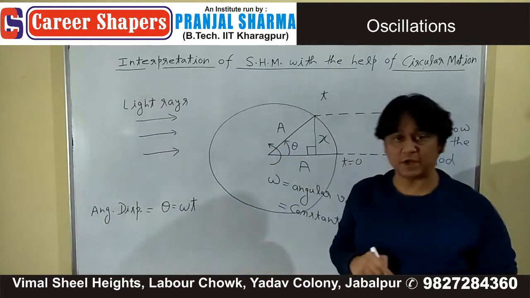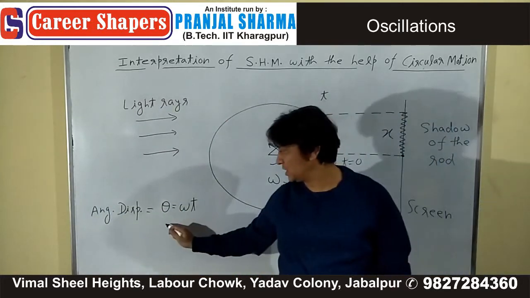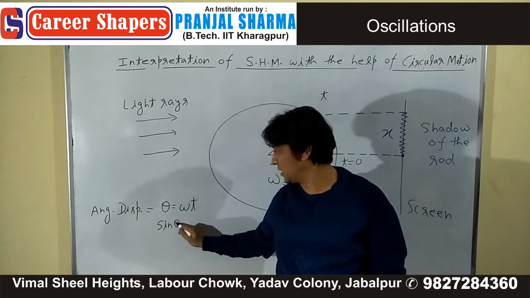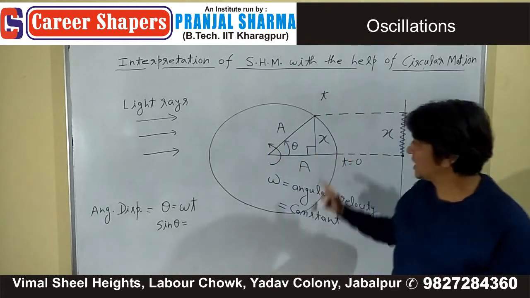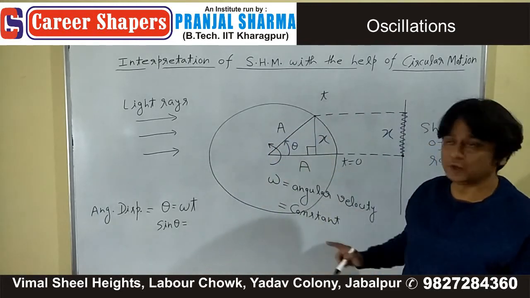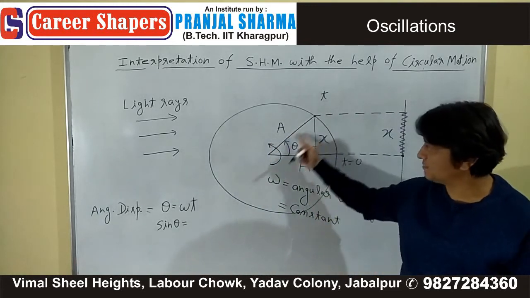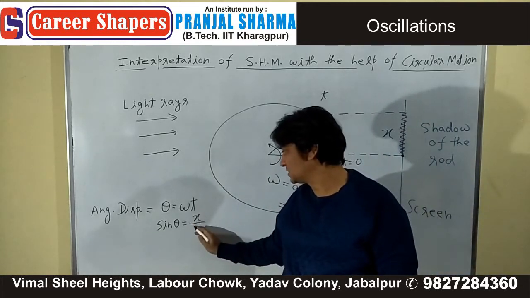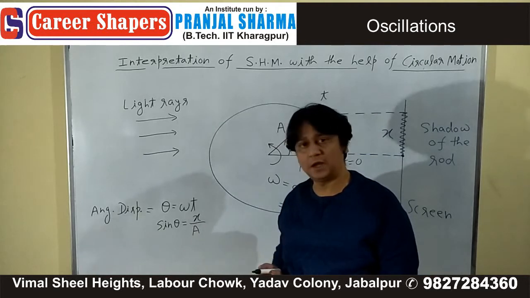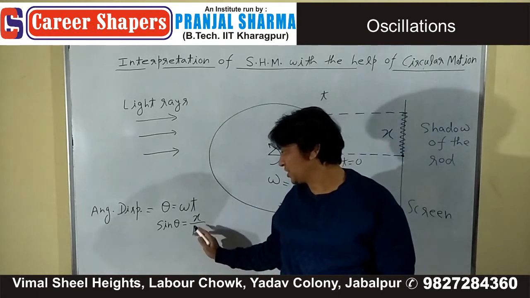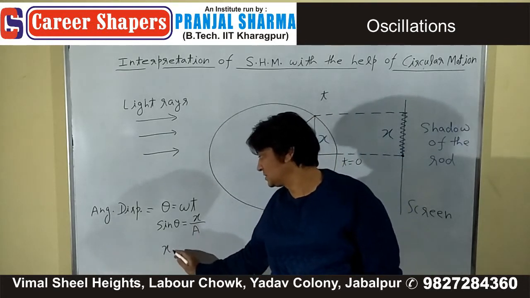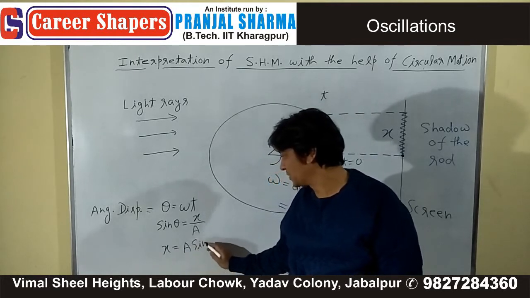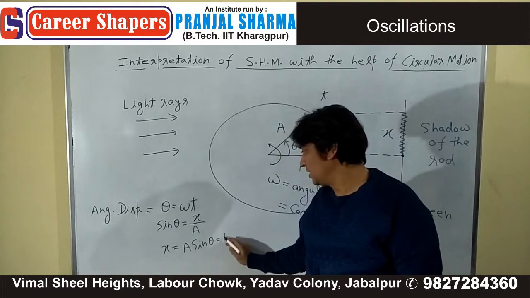And therefore, what is sine theta in this figure? You will say x divided by A. Sine theta becomes x divided by A, which gives us x equals A sine theta.